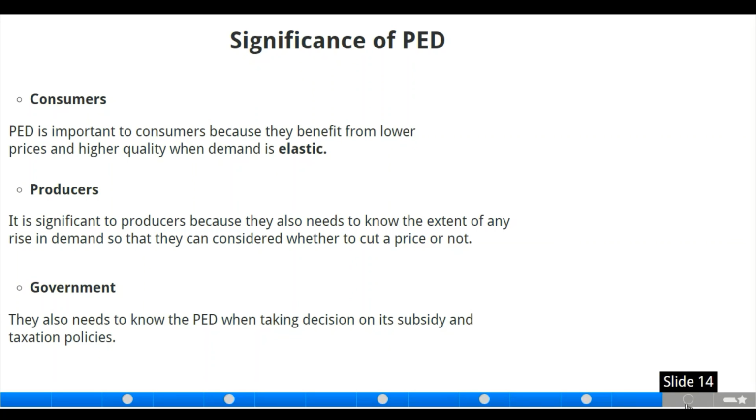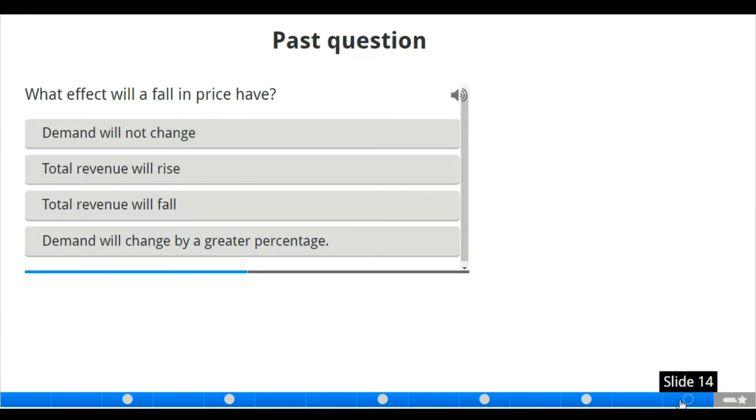It is significant to producers because they need to know the extent of any rise in demand so that they can consider whether to cut the price or not. And the government needs to know the price elasticity of demand when taking decisions on its subsidy and taxation policy. Now let us move to the next activity.